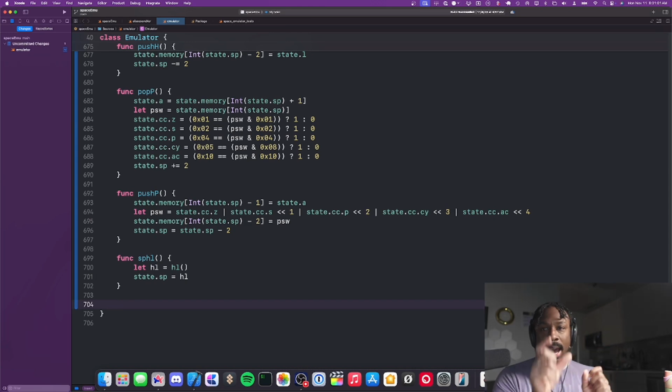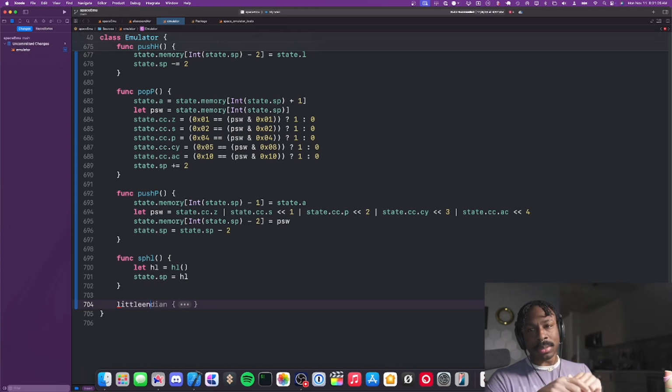When you have a high and a low byte for a 16-bit register, they can be arranged in two different ways. There is big endian and little endian.